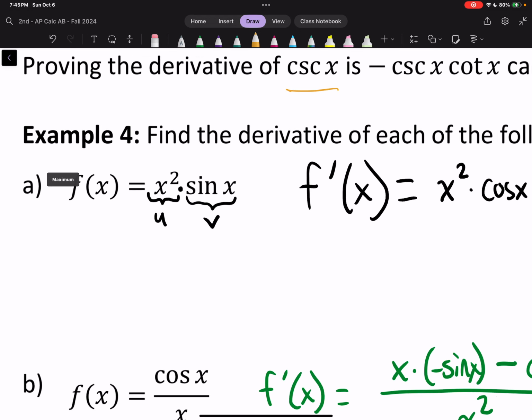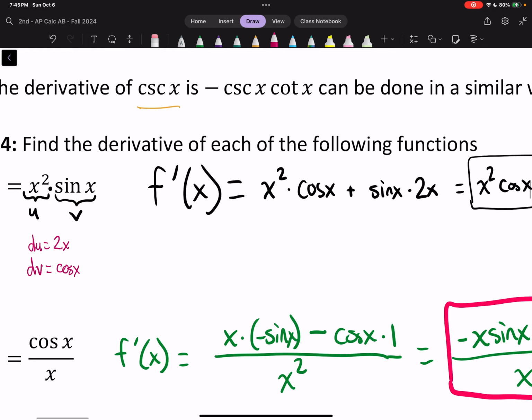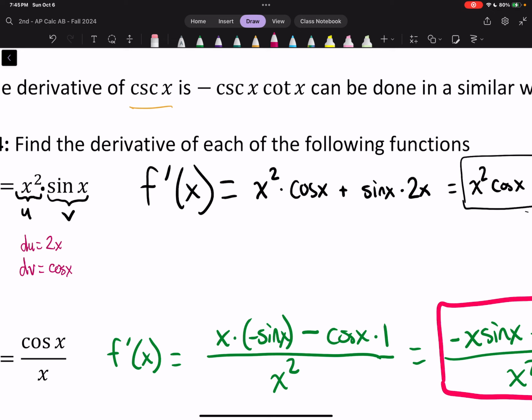Okay, so first up, we've got f of x equals x squared times sine of x. I want you to see that that's a product, and that x squared is u, and sine of x is v. And so we're going to need to use the product rule. So I might just go ahead and say du is 2x, dv, the derivative of sine we just learned is cosine of x. So now we can just plug and play if we remember our product rule.